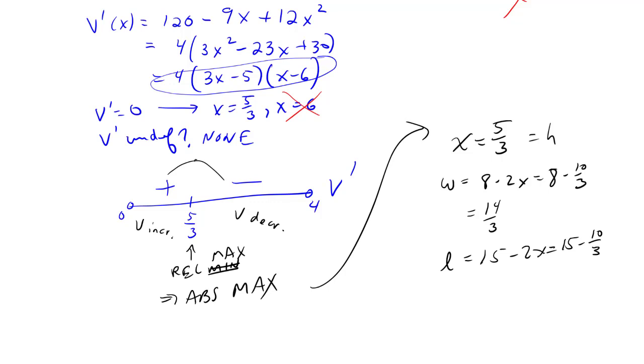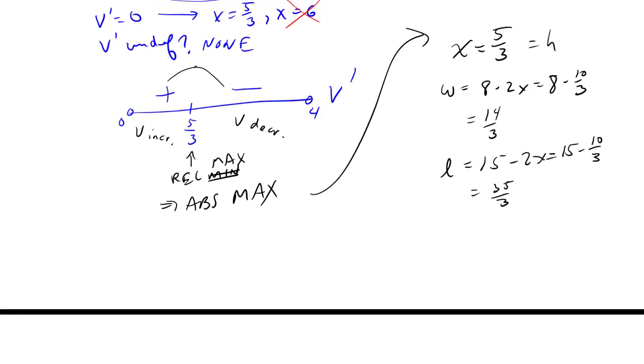And that is going to be 35/3. Telling us that the dimensions should be 35/3 by 14/3 by 5/3. All right, so in particular, this x value, that's the cut you should make, 5/3, to get the box of largest volume.